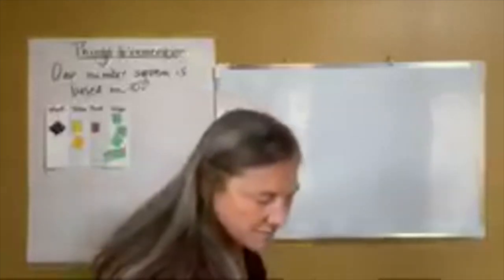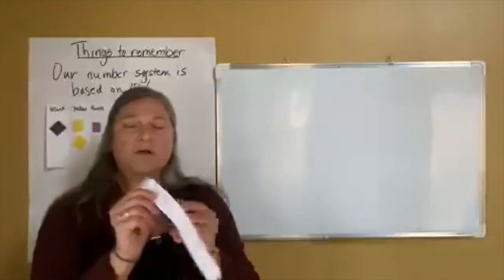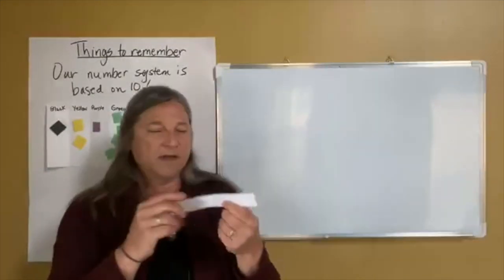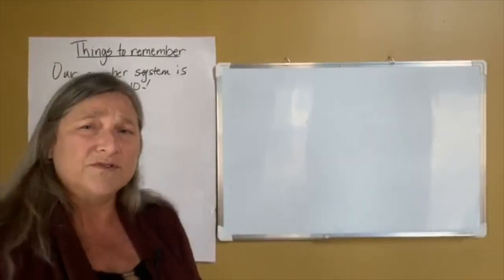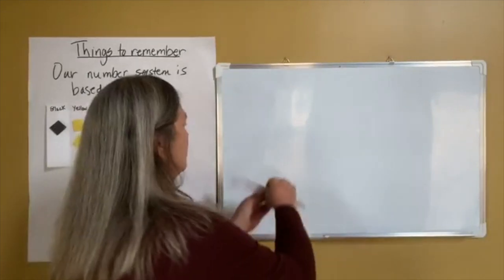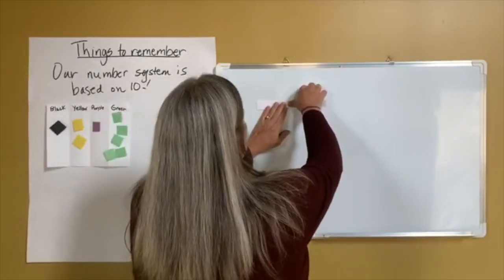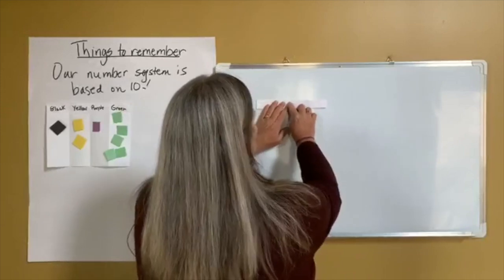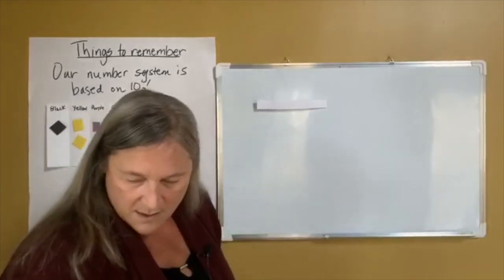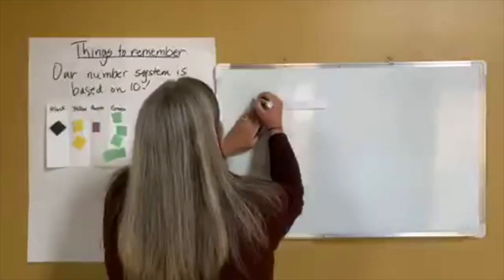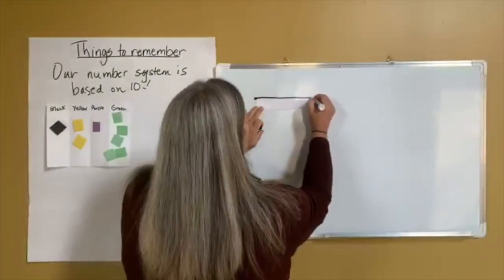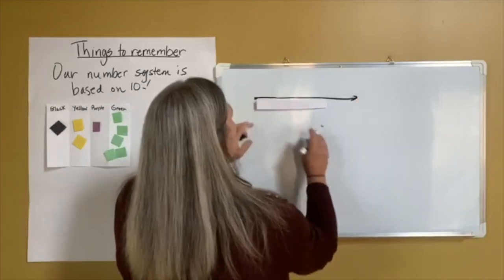So I'm going to start with a whole. So this is a whole strip. I'm going to put this whole strip up here because that whole is really important. So we have this whole. And let's make a number line on here right now, just so we have a place to start. I'm going to make it go out here.